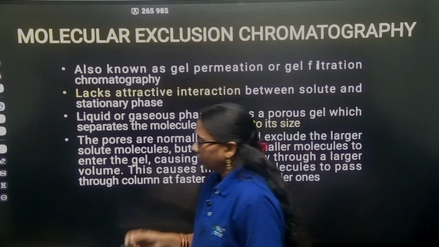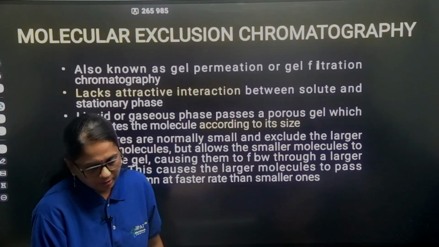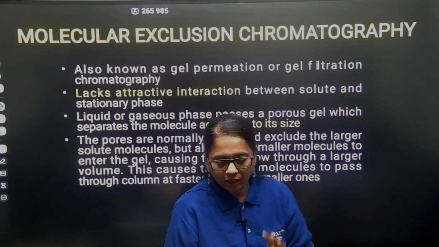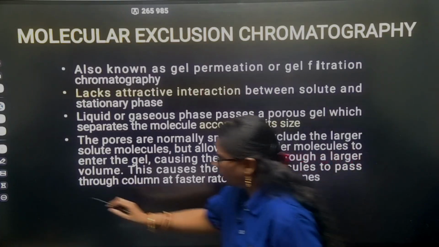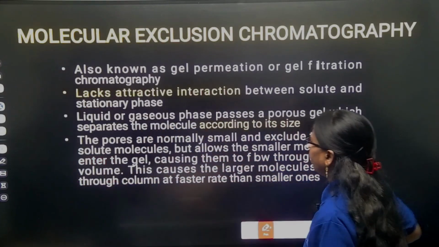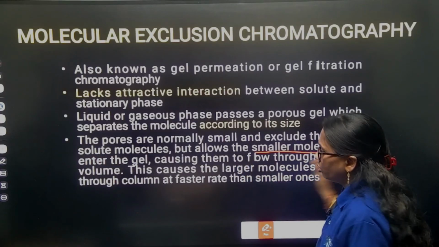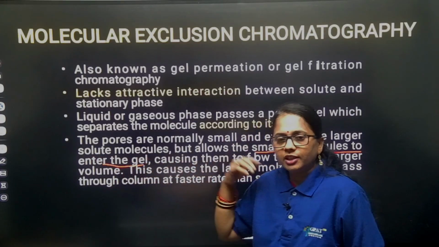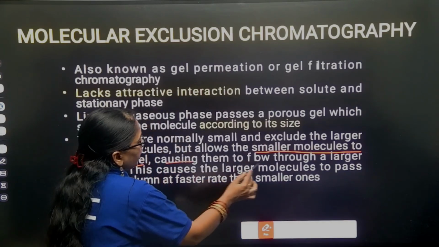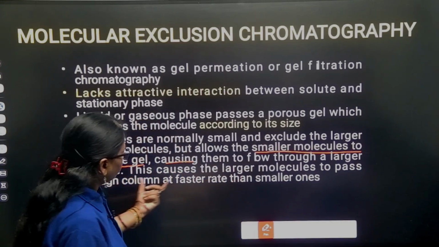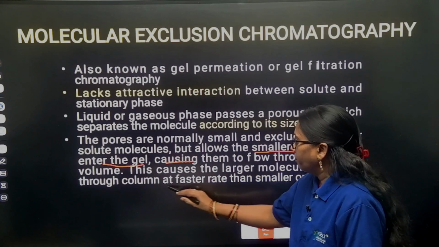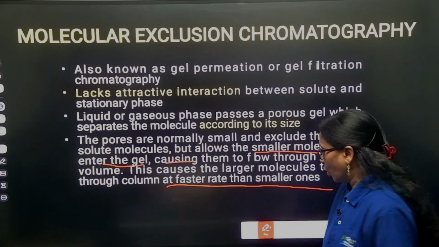The pores in these gels are normally small and they exclude the larger solute molecules, but they allow the smaller molecules to enter the gel, causing them to flow through a larger volume. This causes the larger molecules to pass through the column at a faster rate than the smaller ones.